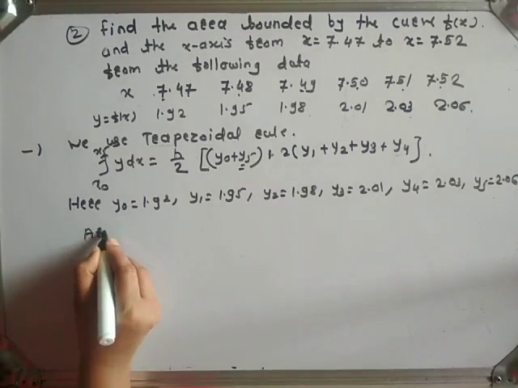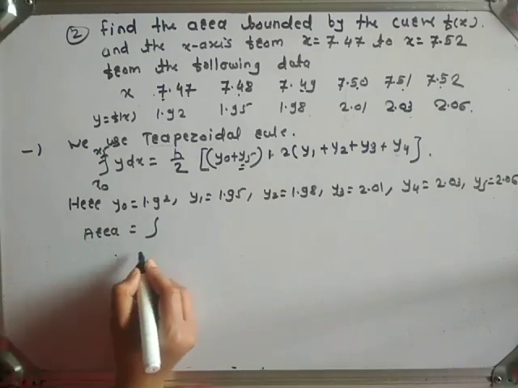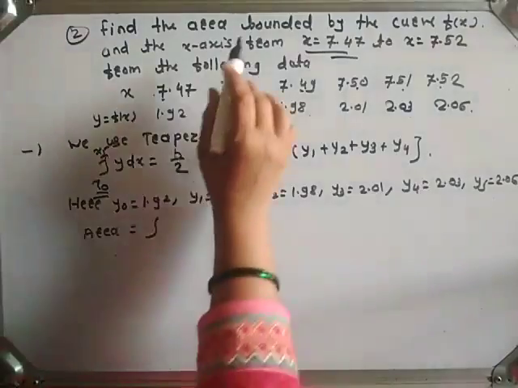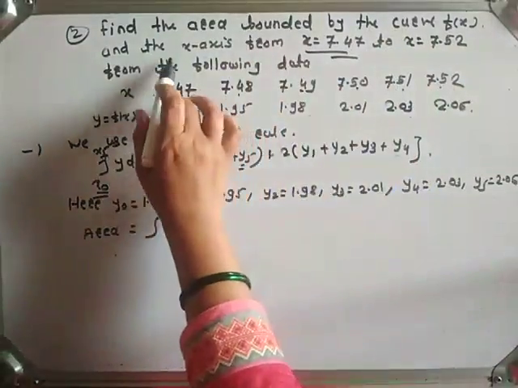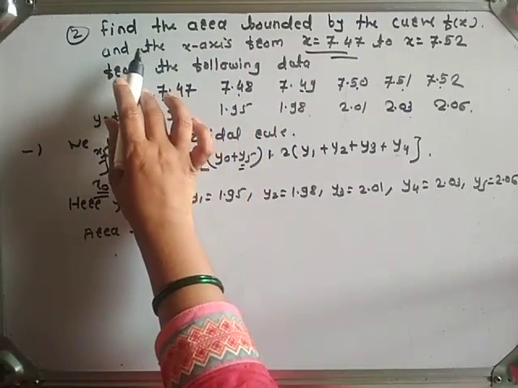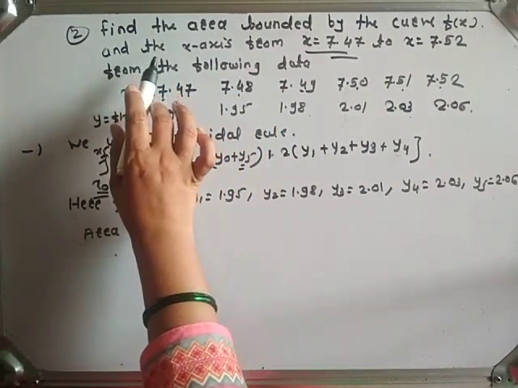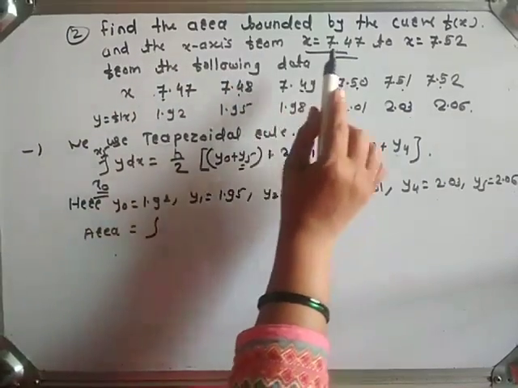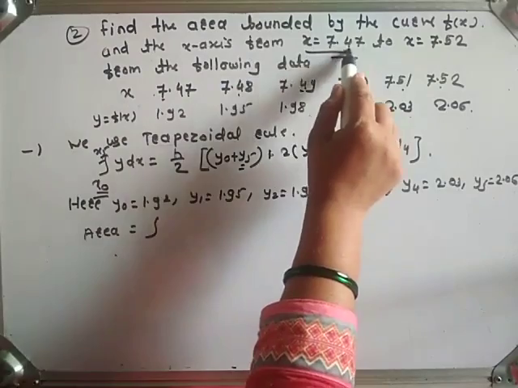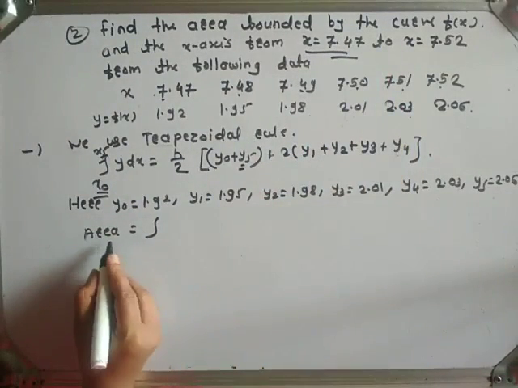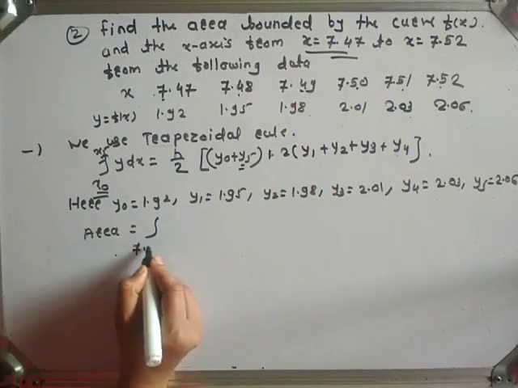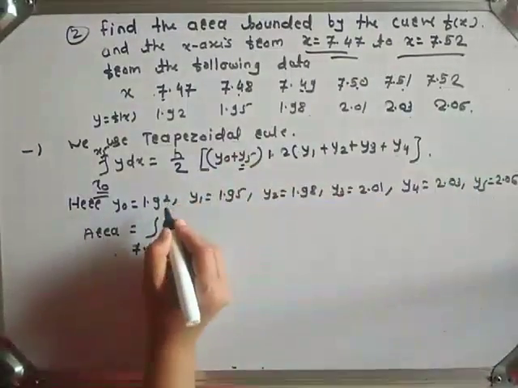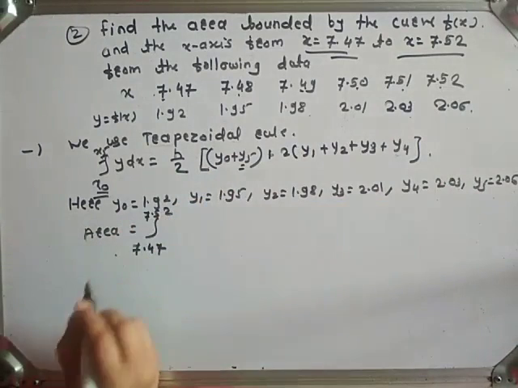So the area is nothing but the integral, because you have to find the area bounded by the curve f of x and the x-axis from x equal to 7.47. So your x0 is 7.47 and xn is 7.52.